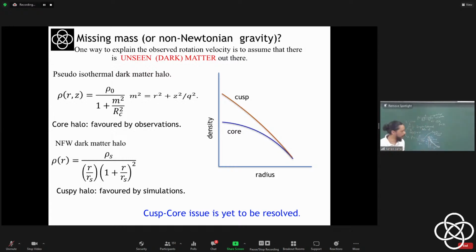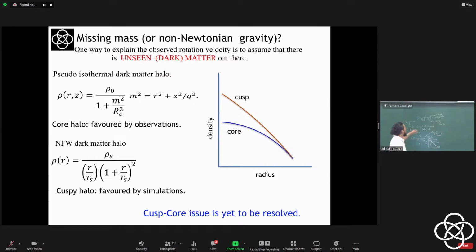So this is the disagreement between the simulation, which produces dark matter halos from the initial conditions like the CMB that go into the structure formation system, and what you model using the observational data.